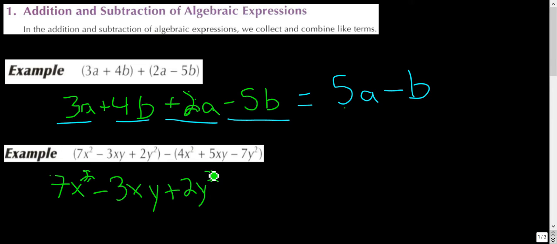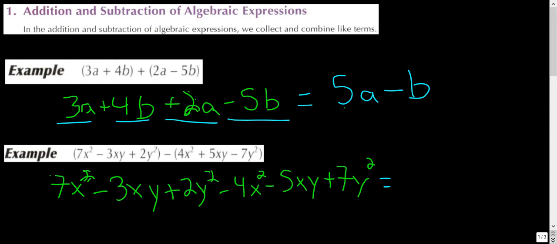And then our second term, we've got a negative 1 here. Everything in the parentheses right there has to be multiplied by negative 1. So 4x squared becomes negative 4x squared, and 5xy becomes negative 5xy, and negative 7y squared becomes a positive 7y squared. Now we have to simplify, put these all into like terms.